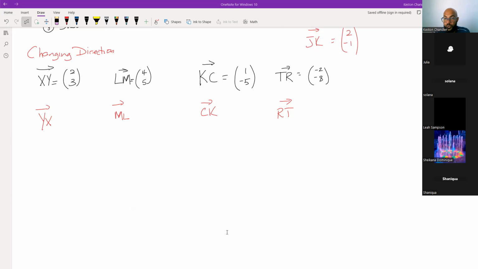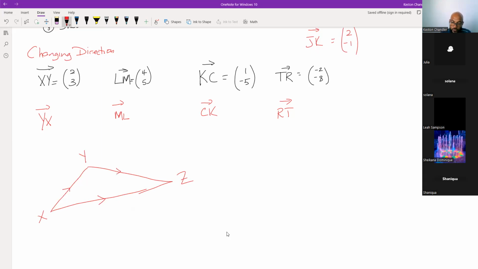Usually you would have a diagram to work with, so you'd see the direction it's going. But sometimes, I'll draw a diagram and show you. Let's say I have X, Y, Z, and we go in XY.